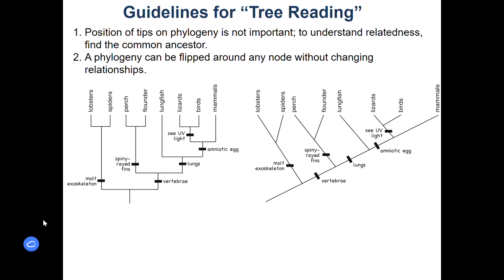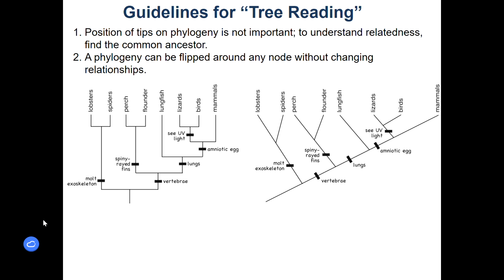So there's another way to look at it. Here I put different organisms. This isn't specific to species, these are just different types of animals. And we can see here we have a node here. And then over time, characters developed that separated or made these different groups of organisms distinct. So having an exoskeleton, a skeleton on your outside, led to lobsters and spiders.